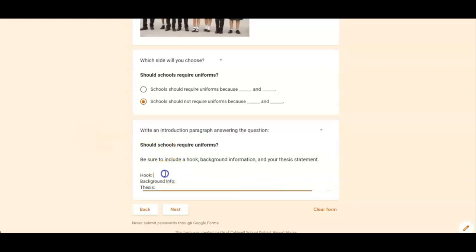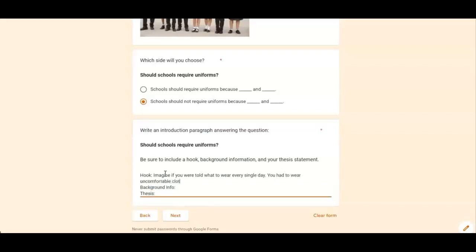Okay? So hook, imagine if you were told what to wear every single day. You had to wear uncomfortable clothes that didn't fit right.